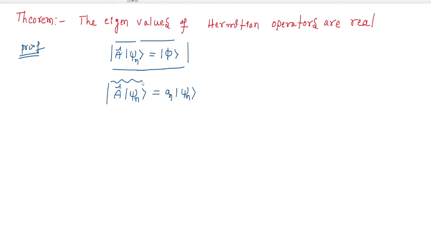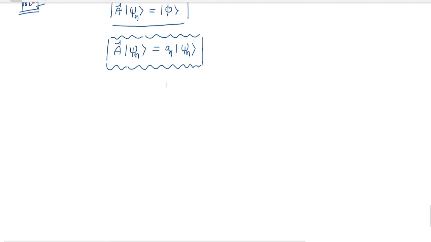This type of equation we're going to call, in quantum mechanics, an eigenvalue equation. These operators we already discussed in the previous class.